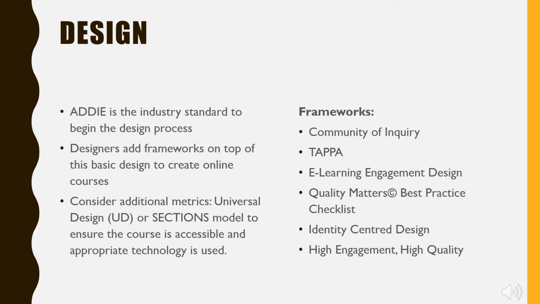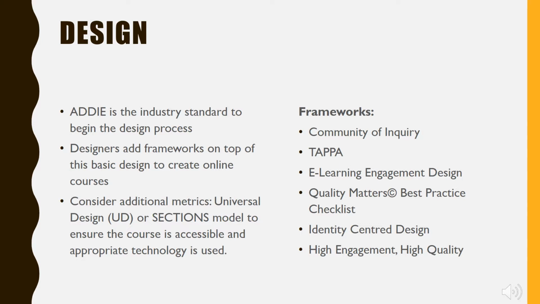Designers like to use community of inquiry, e-learning engagement design, identity-centered design, high engagement, high quality, different types of frameworks, which I explain in my research, over top of their basic design. This is just to make sure that everything is accessible, that they've used the right technology, that students understand about community and communication, those types of things.